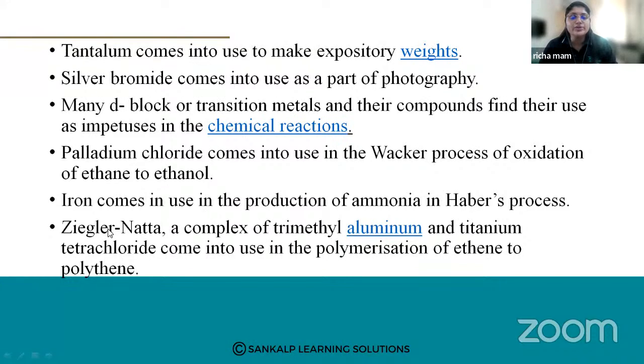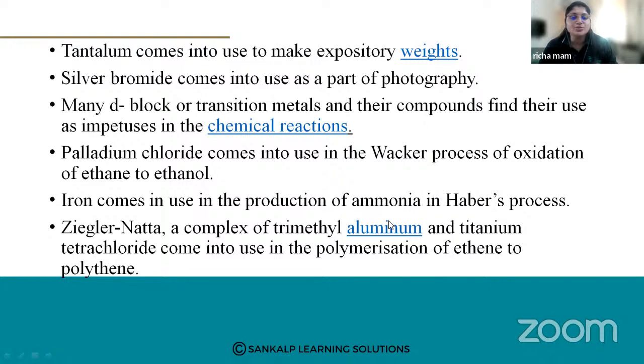Not here only, in organic chemistry also, Ziegler-Natta. What is the composition of Ziegler-Natta? If it is asked from the CET point of view, in MCQs or fill in the blanks, what is Ziegler-Natta? It is a complex made up of trimethyl aluminium and titanium tetrachloride.